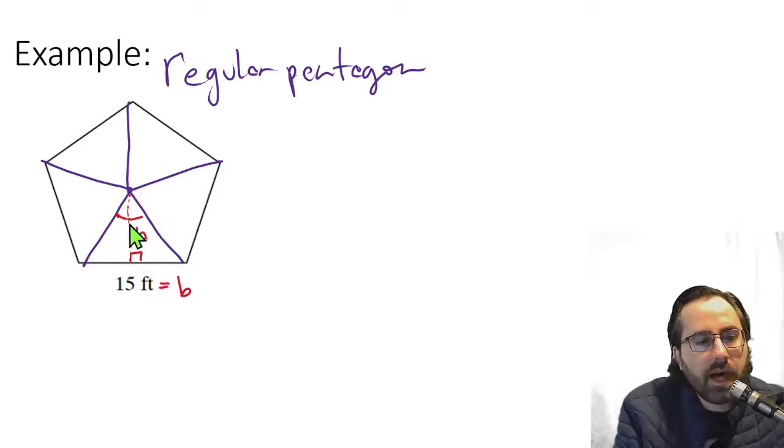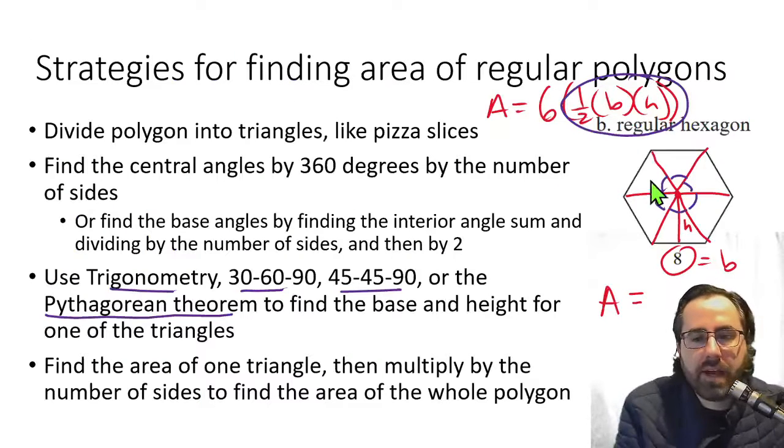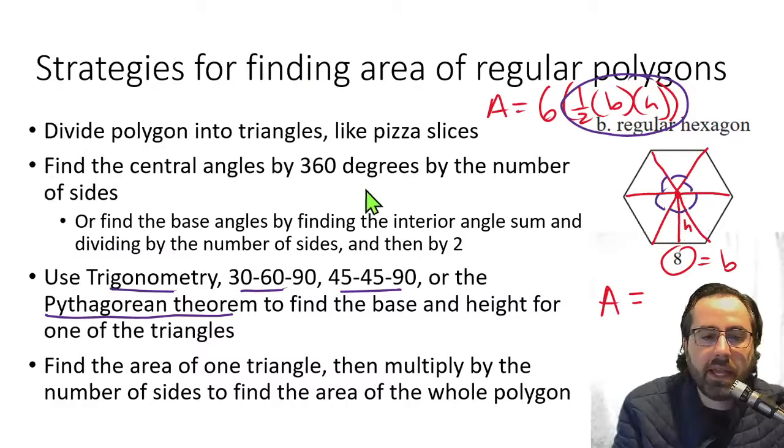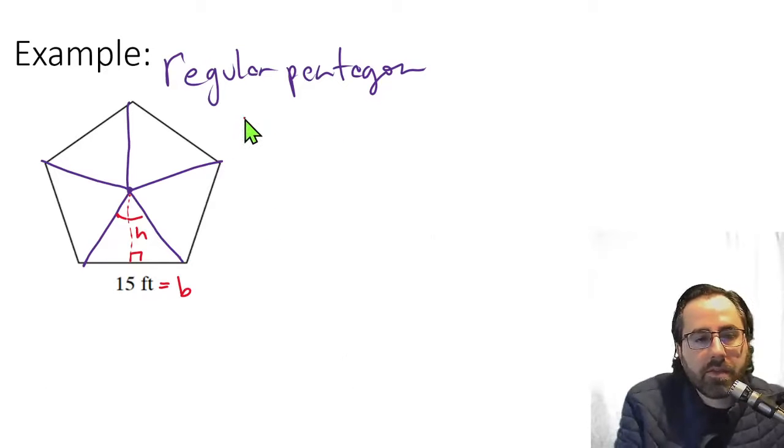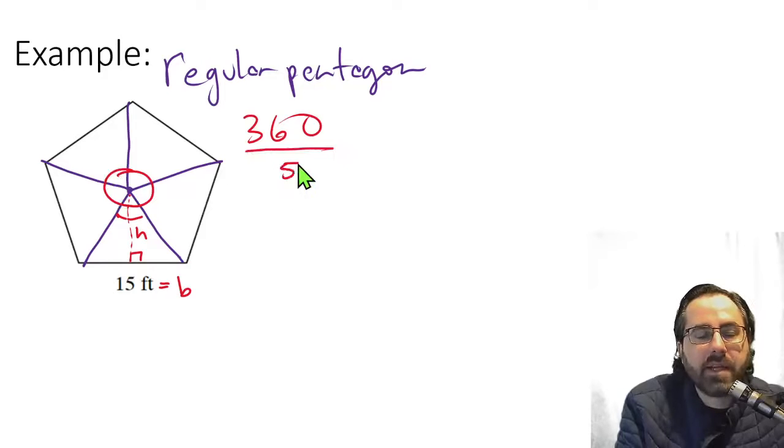So how would we find the height? Well, remember what I said on the previous slide. What we can do is find this central angle by taking 360 degrees and dividing by the number of sides. So we're going to take 360 degrees, because that's in the center, 360 degrees, divided by 5 sides.